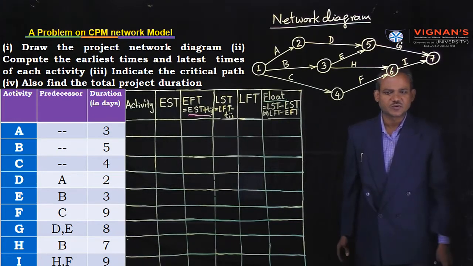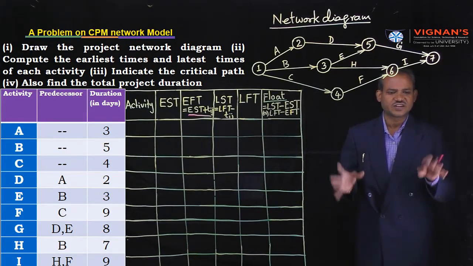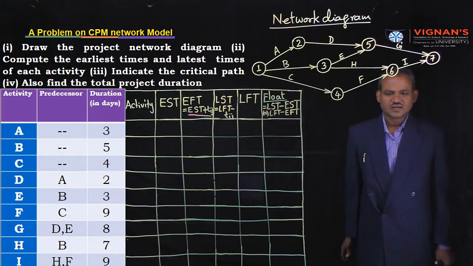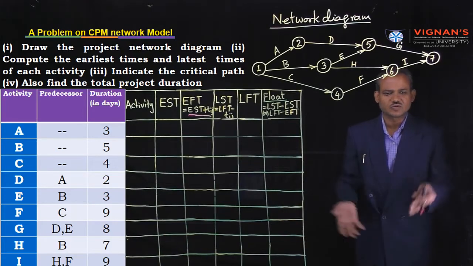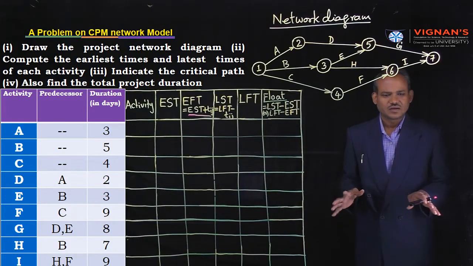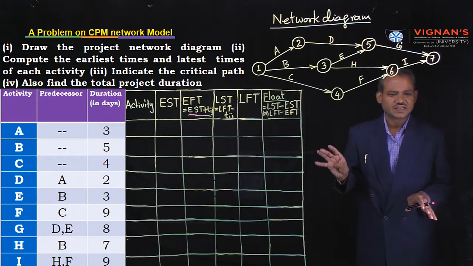Second bit is compute the earliest times and latest times of each activity. There are 9 activities: A, B, C, D, E, F, G, H, I. For each activity we are going to calculate all the timings. What are the timings? EST, EFT, LST, LFT.